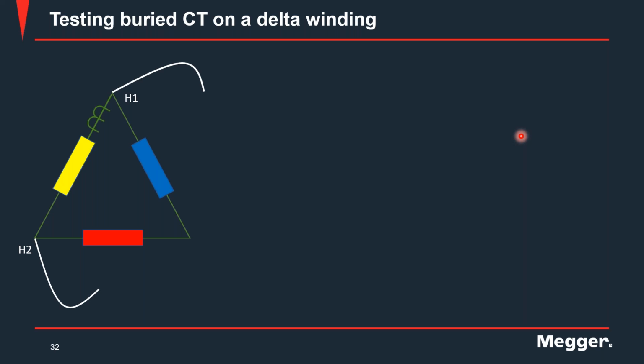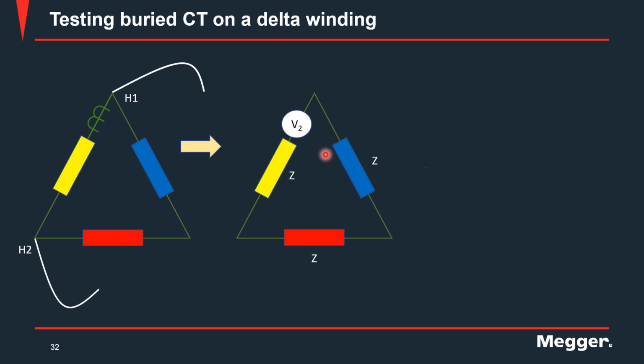The H1 lead will go on the side on which the CT is, and the H2 lead will go on the other side. And when you run this test, what happens is you apply voltage on the CT secondary, and a certain voltage is induced on the CT primary. And that voltage, that little bit of voltage that's induced in the primary, is now in series with three impedances. So it's a closed circuit with a voltage source and three impedances in circuit.